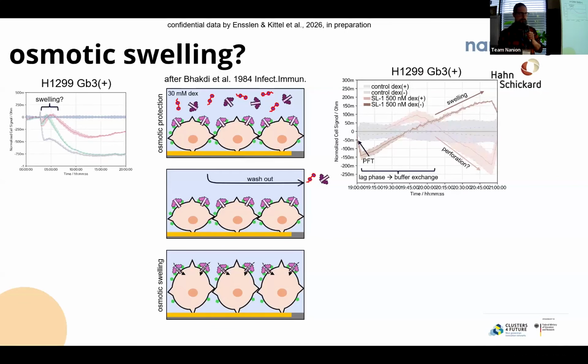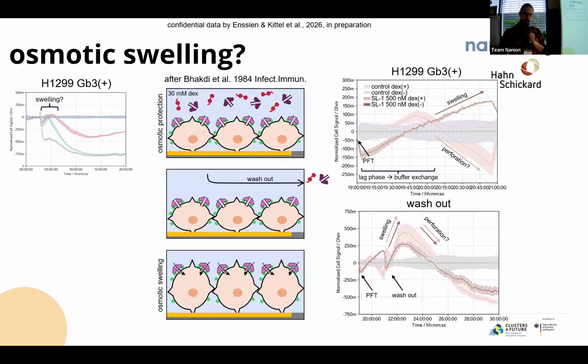So this is our data here. As you can see, we had an initial lag phase here, but after the lag phase, in wells with no dextran, we saw again the expected swelling, so pretty cool. But all these experiments which had dextran present in the media did not show the swelling, but the perforation, so the insertion of these Sorrel pore-forming toxins into the membrane.